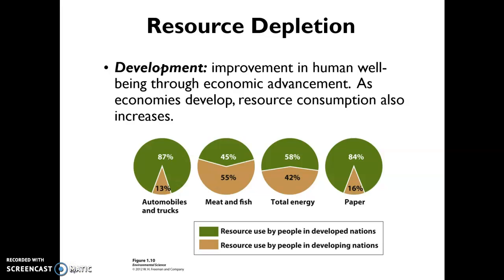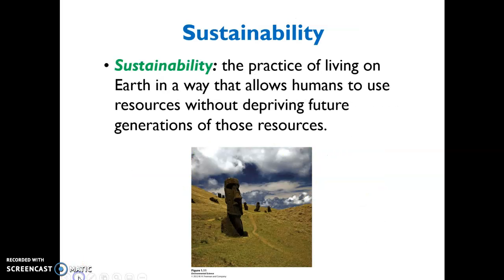Next, we're going to look at a very important concept, that is sustainability. Let's first define sustainability. It's the practice of living on Earth in a way that allows humans to use resources without depriving future generations of these resources. And the example shown here, which is in your textbook, is Easter Island.